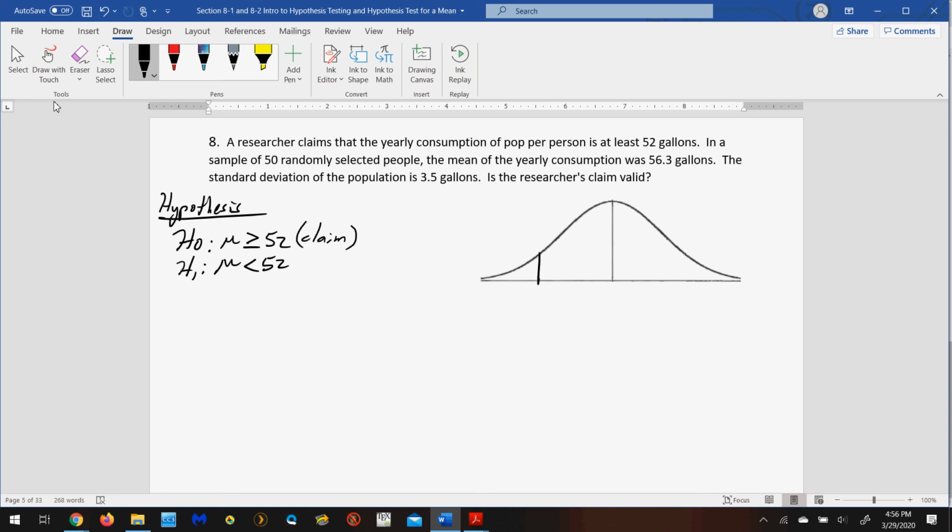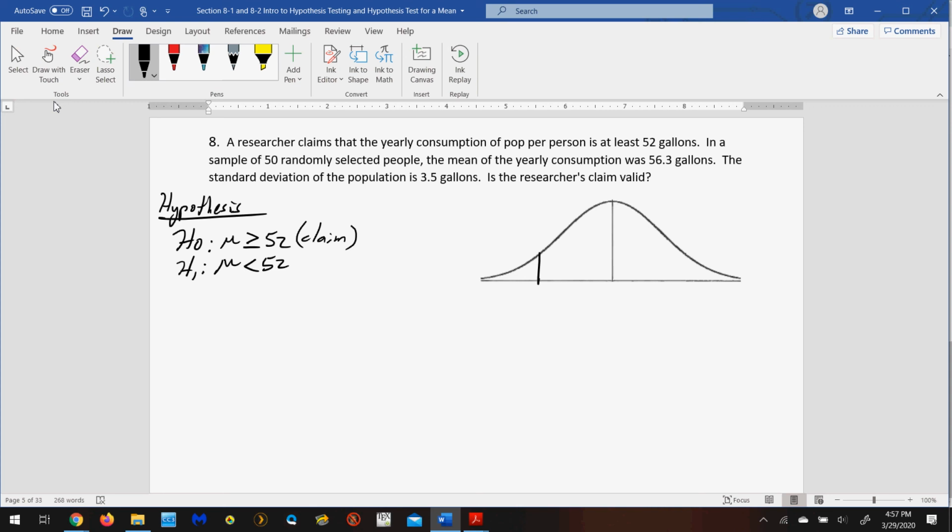Now this does not mention alpha at all. It's very rare, but sometimes you might not be given alpha. Alpha, if you read throughout your book, it does say that it's a small value. Generally, alpha is going to be 10% or less, 0.10 or smaller. Very common values are going to be 0.01, 0.05, and 0.10.